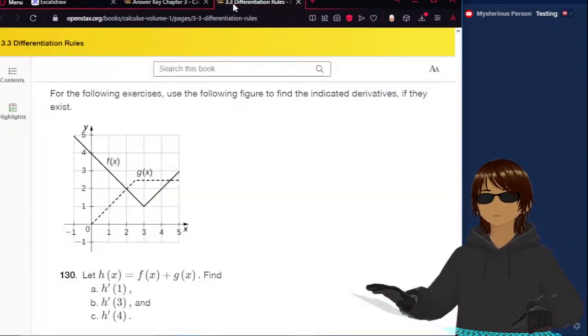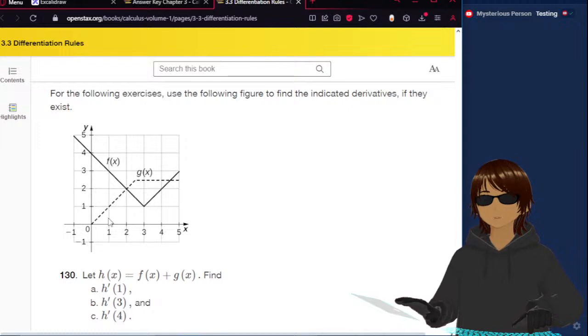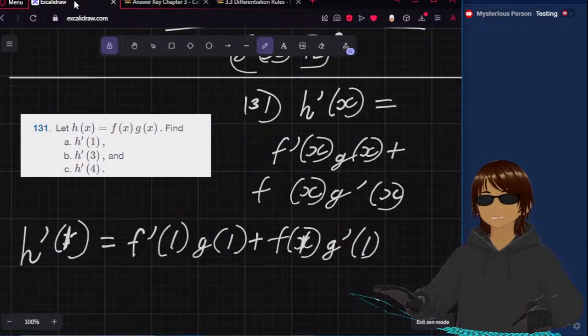So, when it's at 1, the derivative is minus 2 divided by plus 2. Okay, so negative 1.